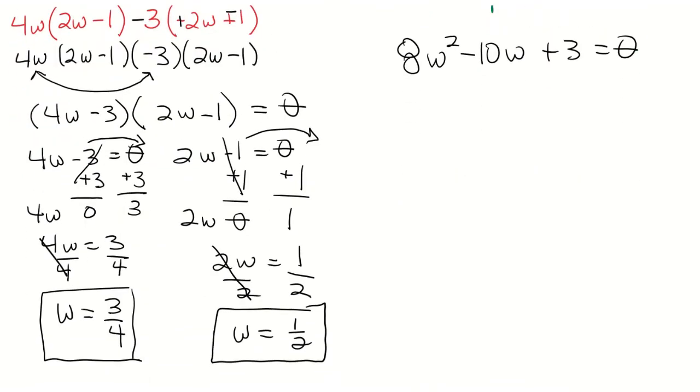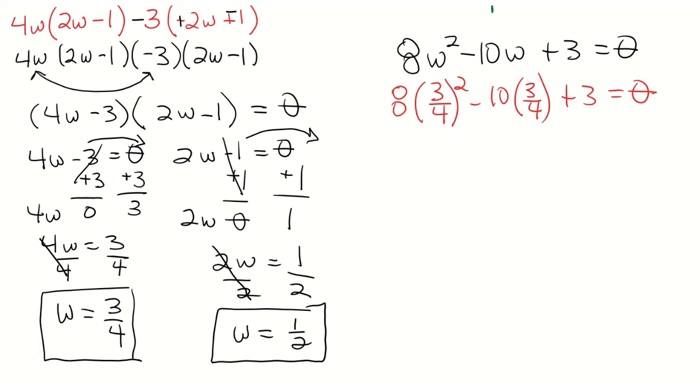So now I'm going to plug in. I'm going to start with my w equals 3/4. So in every w, I'm going to put in my 3/4. And then I'm going to do some simplification rather than multiply these through.